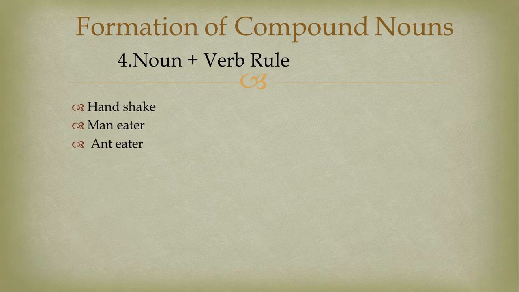Ant eater, haircut, rainfall. These are the examples of noun plus verb rule. This is rule number 4. In this rule, noun and verb are combined to form compound nouns.